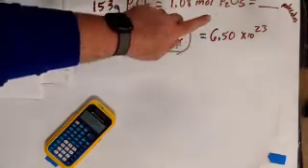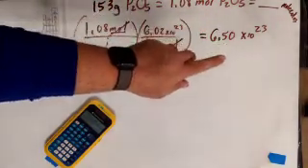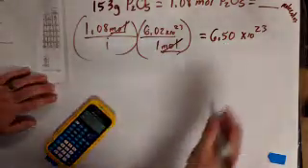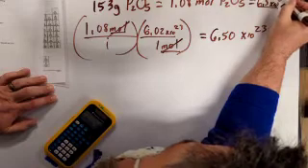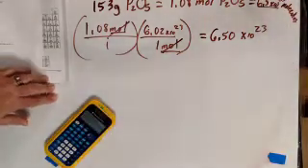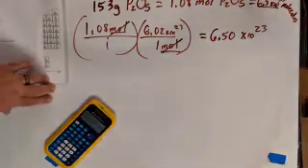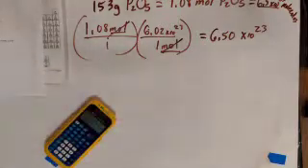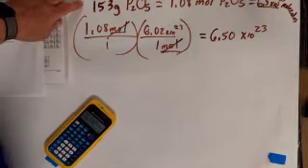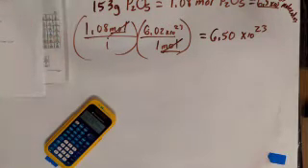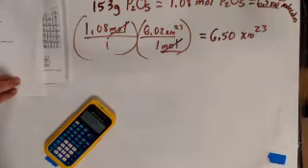And if you have that, you also have 6.5 times 10 to the 23rd molecules of diphosphorus pentoxide. Okay, all three of those are equivalent. Well, I don't have a metaphor, but those are all equivalent.